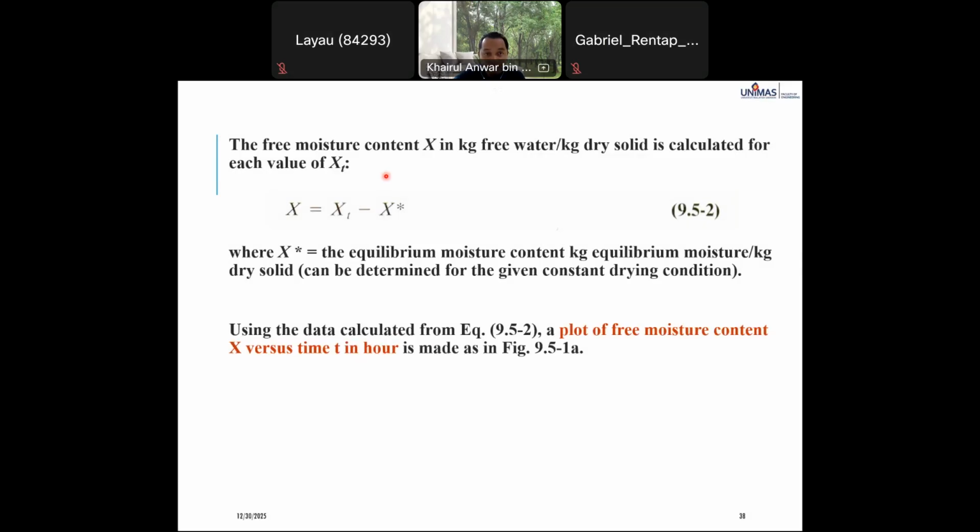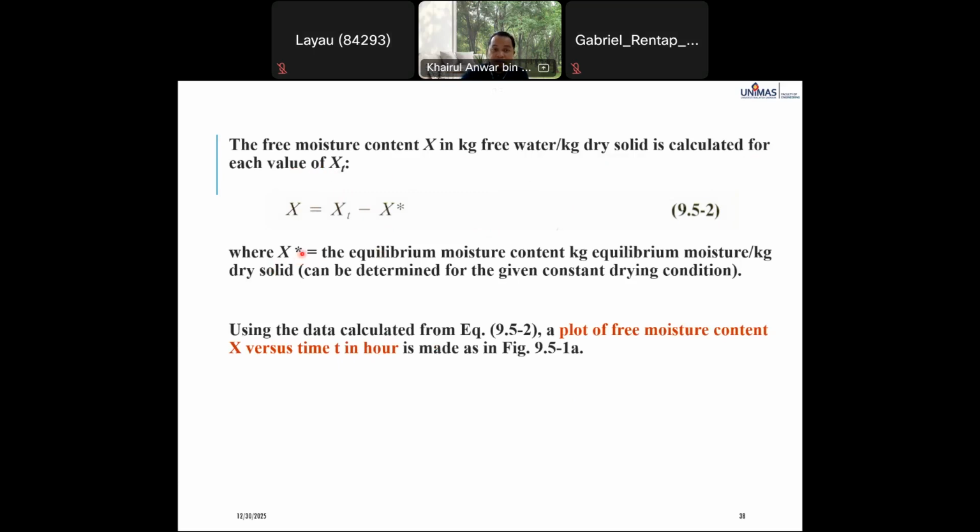The free moisture content X in kg free water per kg dry solid is calculated for each value of Xt. Here t refers to time, so at a certain time there is a different value of X.